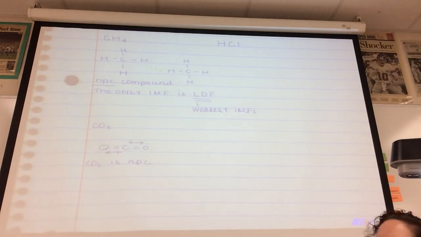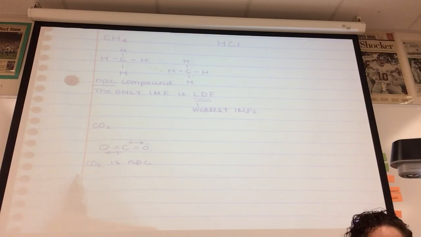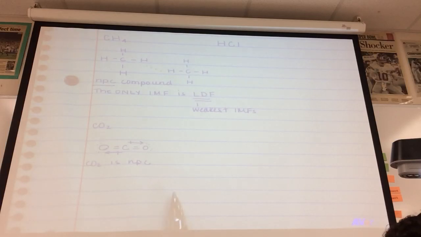Why would carbon dioxide be nonpolar covalent? The dipoles cancel out. How come? Because the molecule is symmetrical. Perfect. So carbon dioxide is a nonpolar covalent molecule because the dipoles cancel with the perfect symmetry, and that's what they're showing you here.